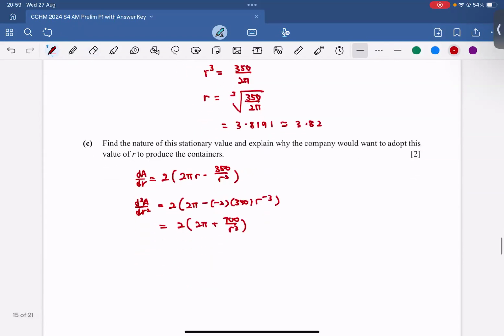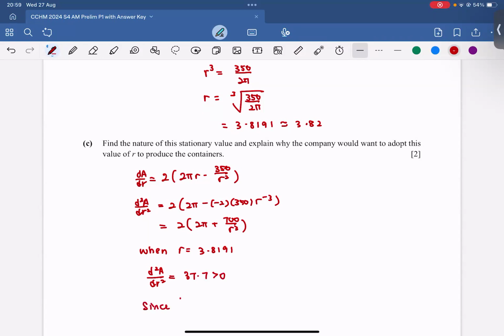Okay, so from here, normally what we do, we sub in. When r equals to 3.8191, d2a over dr square equals to 37.7, more than 0.